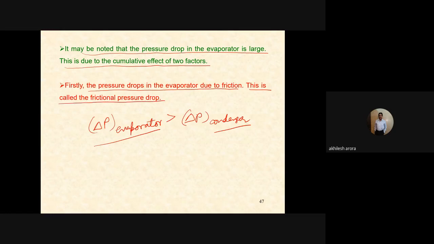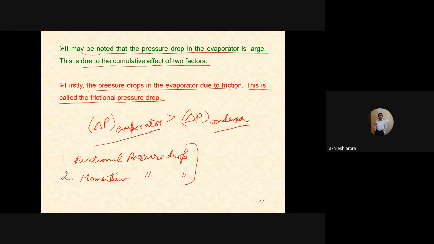So there are two types of pressure drops. The one is frictional pressure drop, and the second is momentum pressure drop.